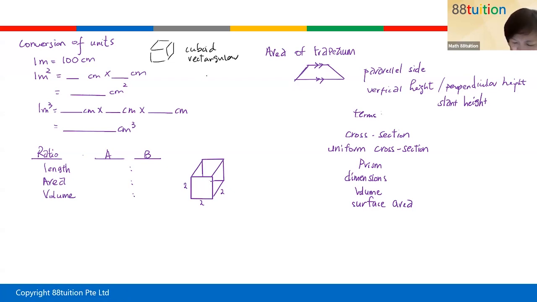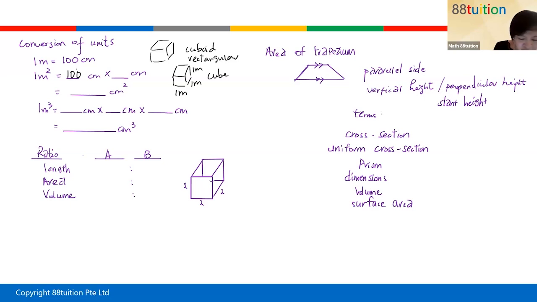Or I should say cube. Cube will be a better one to use because all sides will be equal. So when you have 1 cm, the volume of this cube will be 1 cm cube. But what happens if I enlarge it to 1 meter cube? So let's do some conversion here.